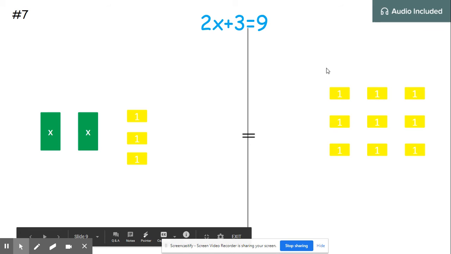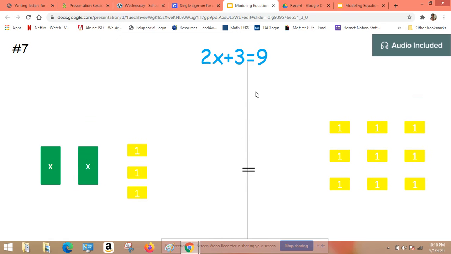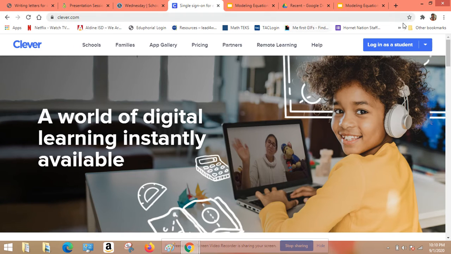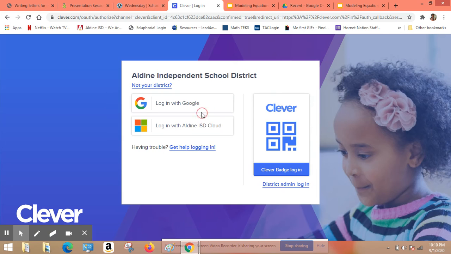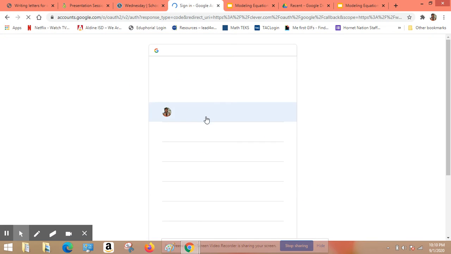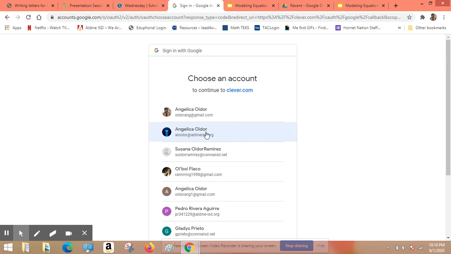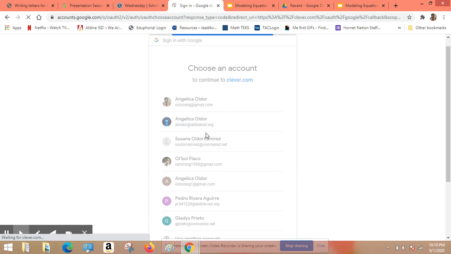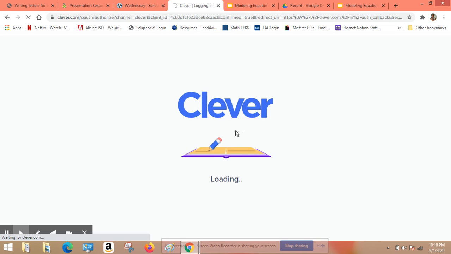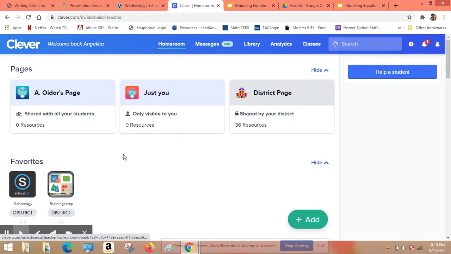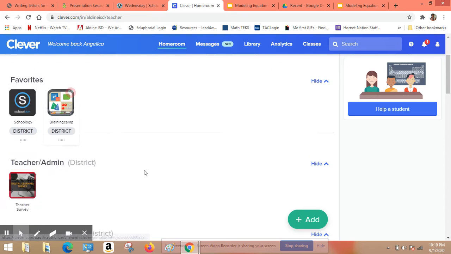Another way we can solve this is if you go to clever.com, log in as a student, and log in with your Aldine ISD account. Okay, now you're going to scroll down and look for something that says Braining Camp.